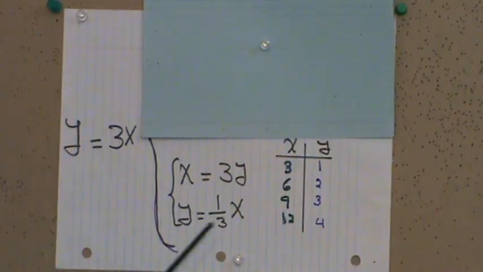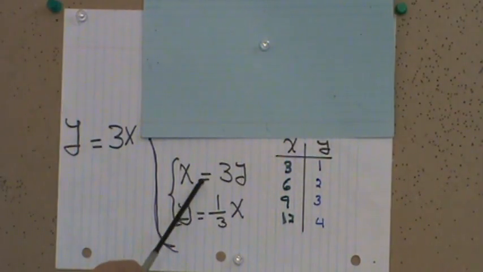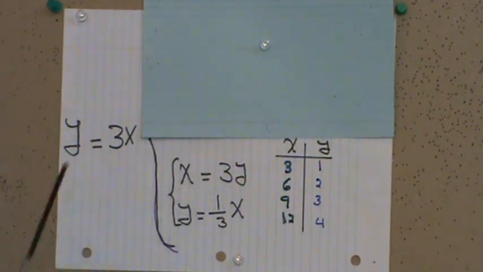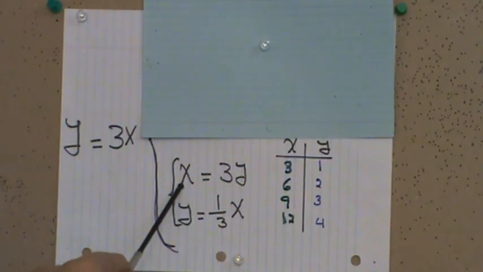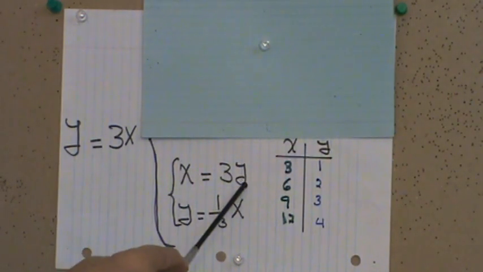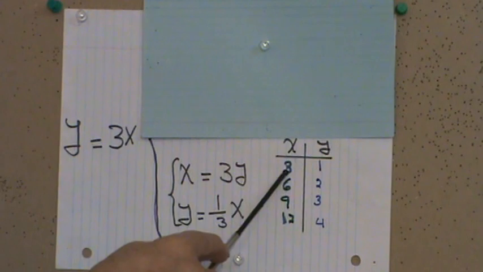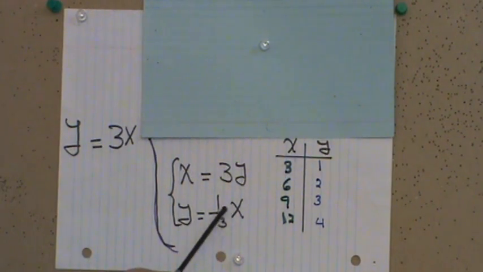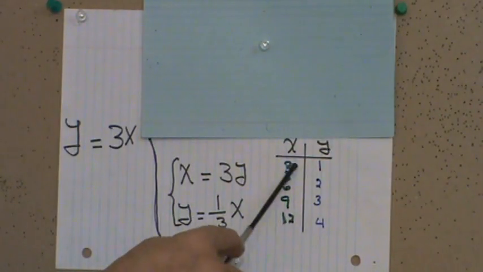Now, look at the set of ordered pairs of this one. When x is 3, y must be 1. Is that right? When x, look at this one now. When x is 3 here, 3 over 3 is what? 3 over 3 is 1, so y is 1.